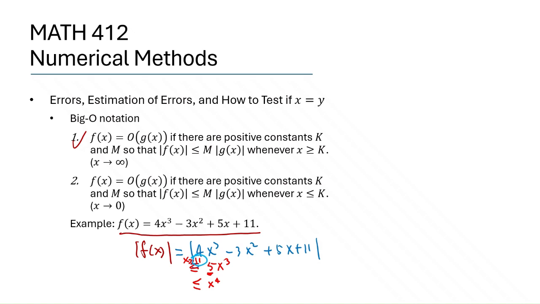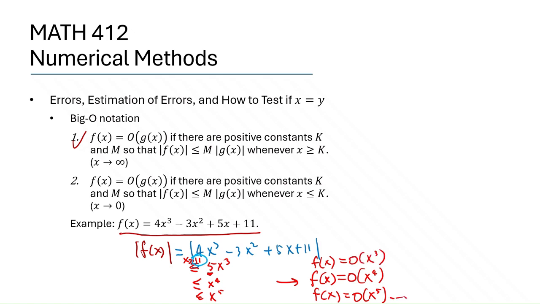In that case, you can also say f of x is big O of x to the 4th. And this guy is less than x to the 5th, because x is greater than or equal to 11. So you can also say f of x is big O of x to the 5th, and so on.